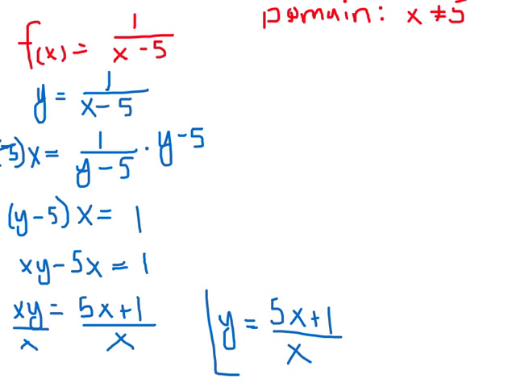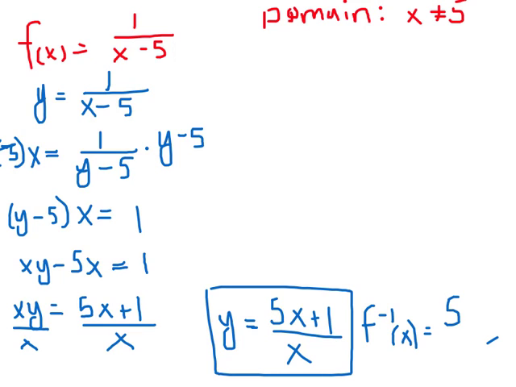So this would be our inverse. The right notation for that would be f inverse of x equals 5x plus 1 all over x.